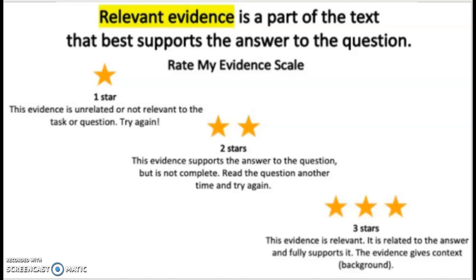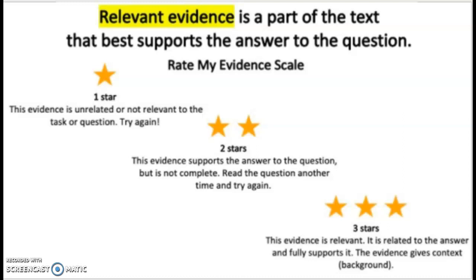So what you see on your screen here is the Rate My Evidence scale. Now this scale is going to help you make sure that when you are choosing evidence, it is relevant and best supports your answer. So evidence is 1 star if it's unrelated or not relevant to the task or to the question.